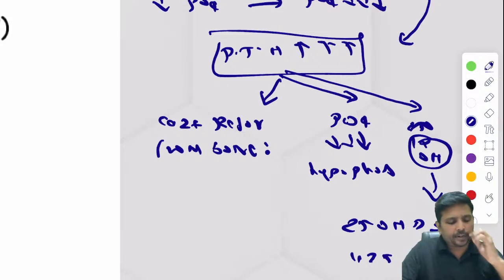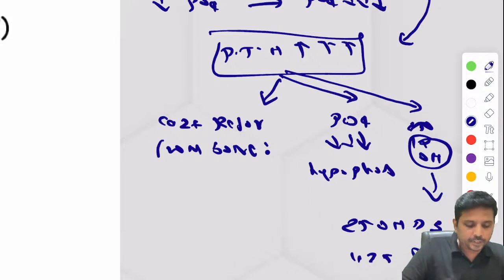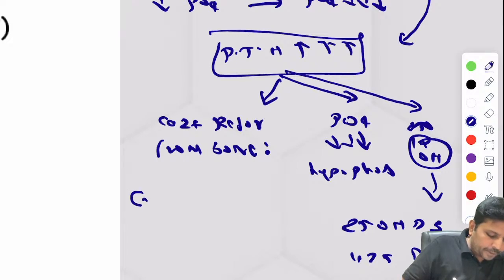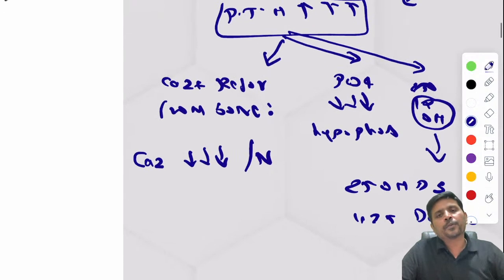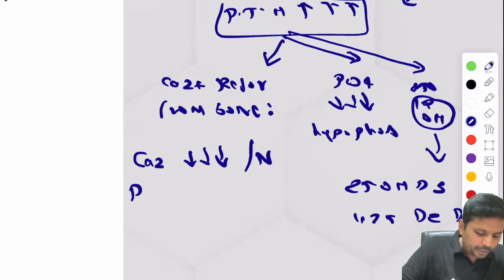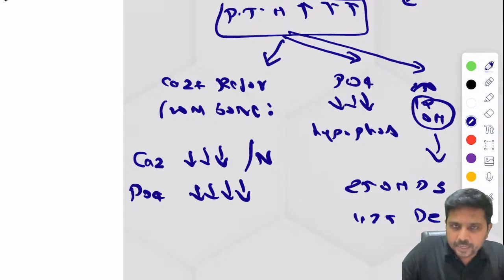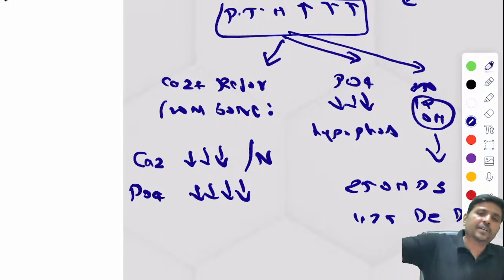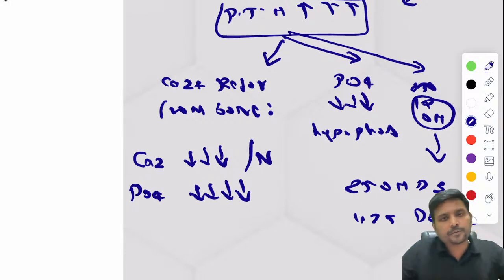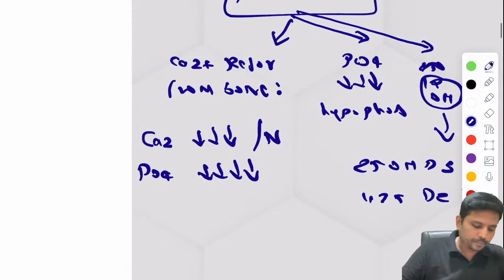As a result, what will happen in nutritional rickets? Calcium will be low. At times it can be normal due to bone resorption by parathyroid hormone. Phosphorus will always be low. Why is phosphorus always low? One, due to deficiency of vitamin D. Another, due to excess parathyroid hormone, which causes excretion of phosphorus from the proximal renal tubule.